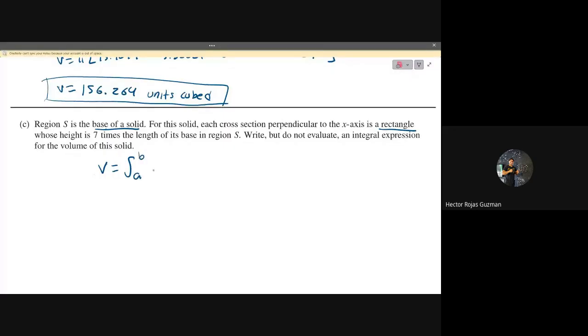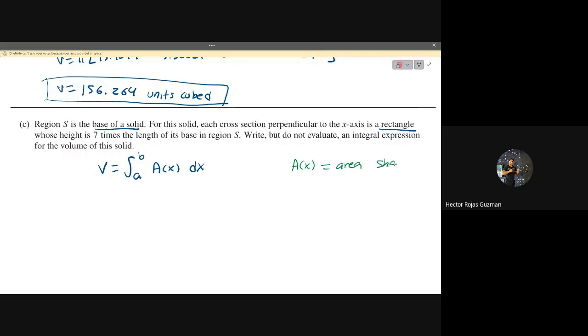The integral from A to B. No, you're getting specific. I don't want specifics, I want general right now. A of x, dx, where A of x is the area of whatever shape you're given.